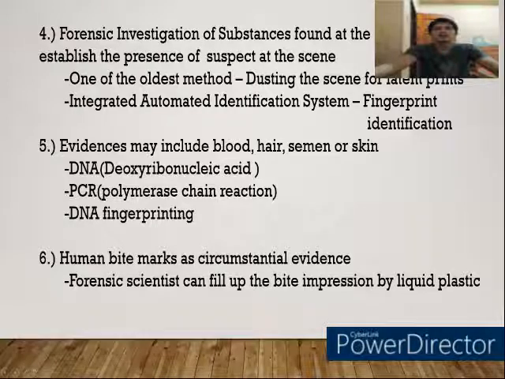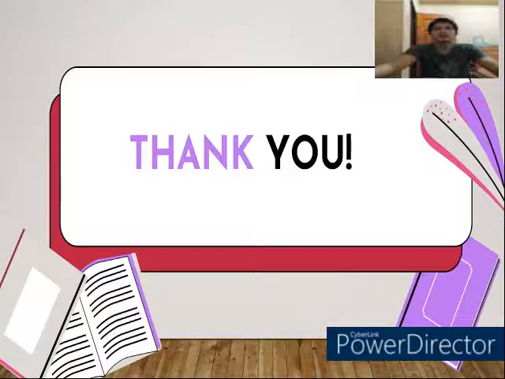They use liquid plastic, so the cast made is a perfect copy of the bite impression at the crime scene and can be compared to the teeth of the accused. So that's all. Thank you.